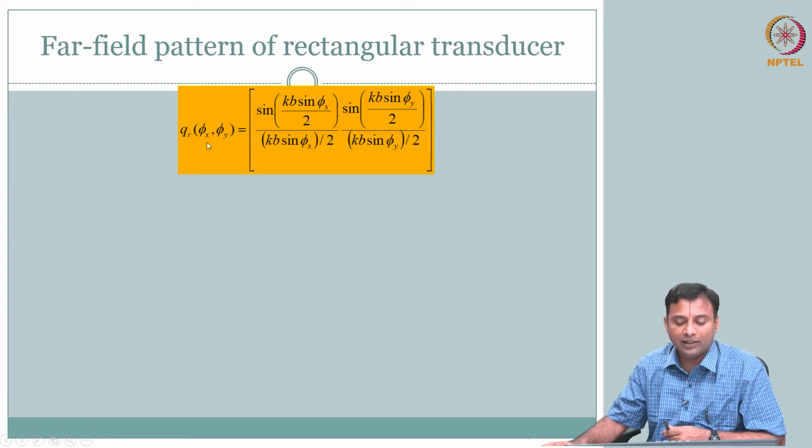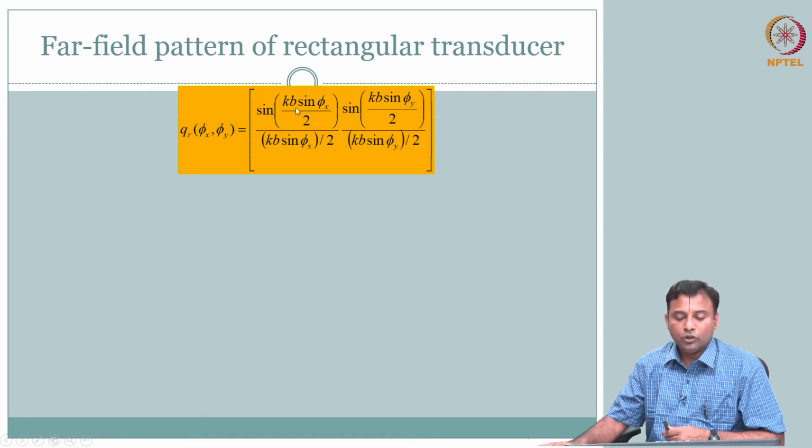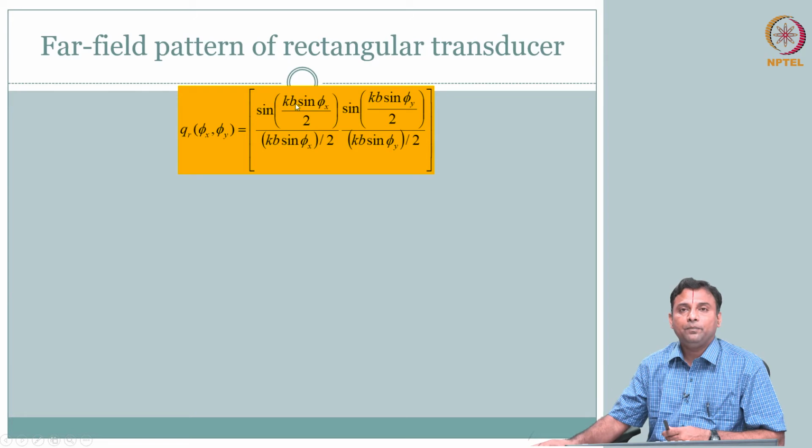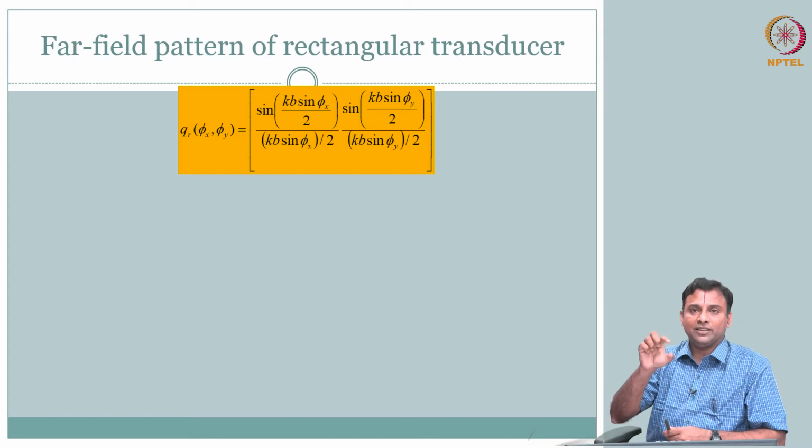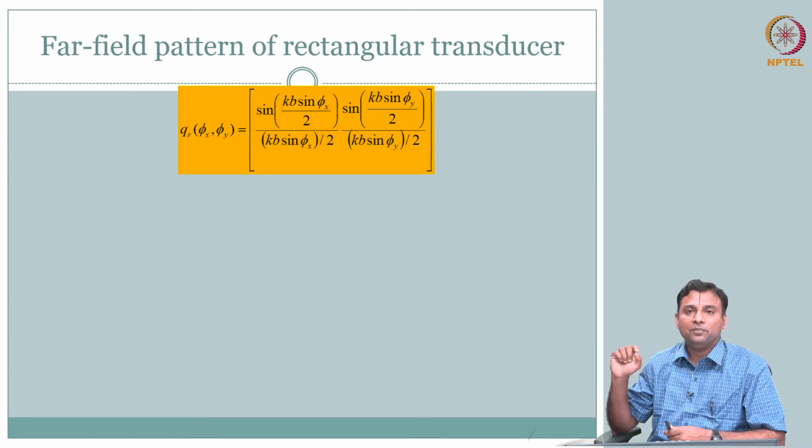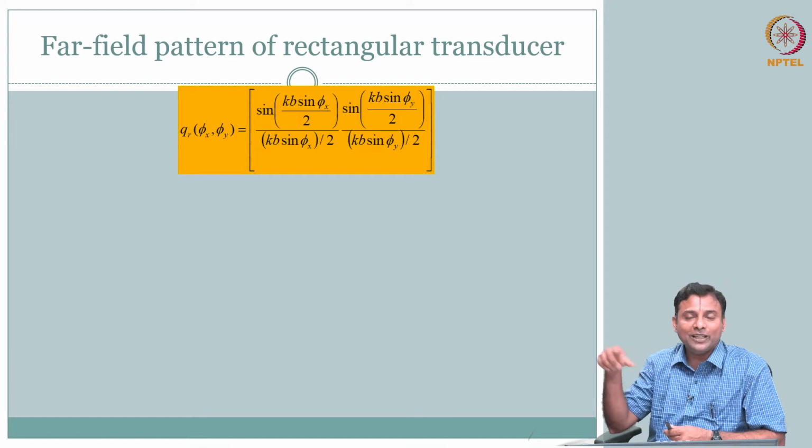If you have a rectangular transducer with different dimensions, your B is your width, for example, or a square transducer. So this is 2 dimensions. If it is a rect function, what is your Fourier transform? Sinc, right? If you have a rectangle in the time domain, in the frequency domain that will be a sinc function.